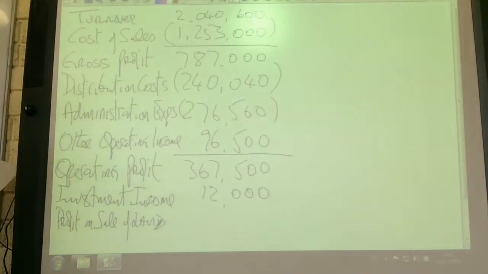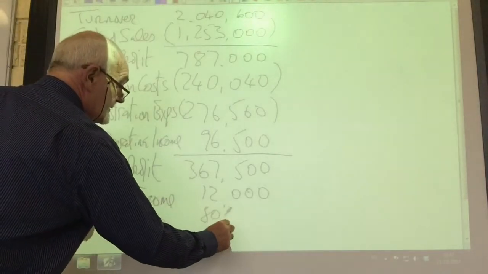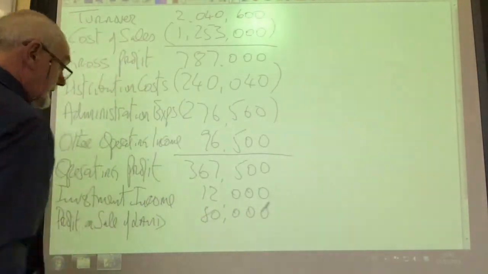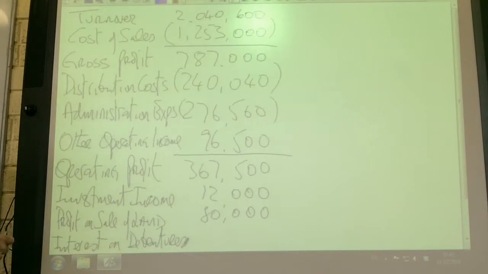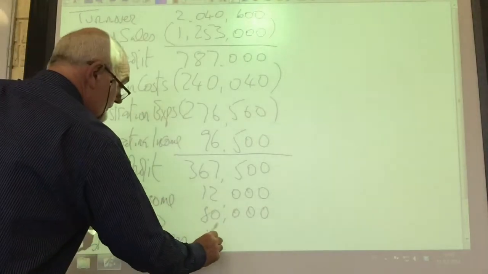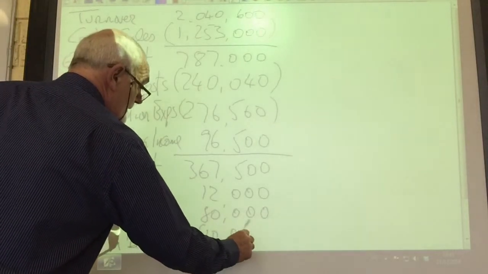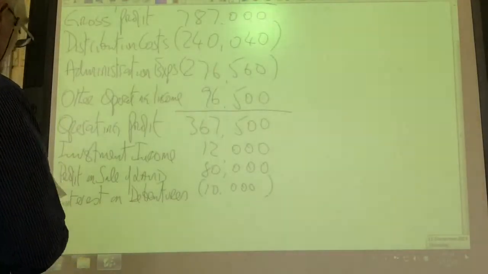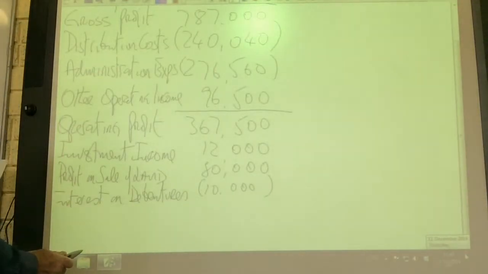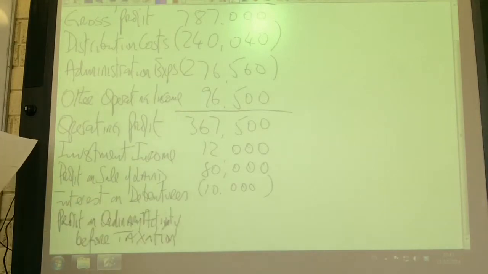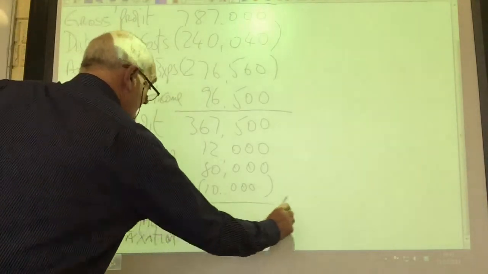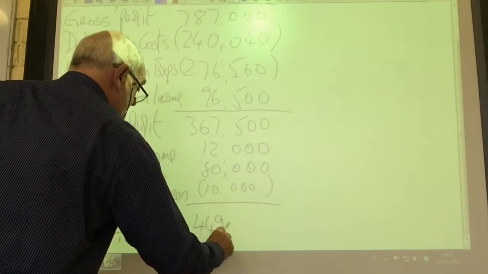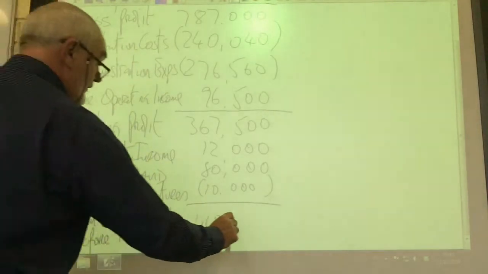We didn't have any calculations to do for this because the 80,000 is already in the trial balance. Interest on debentures, 10,000 euro. And that gives us our profit on ordinary activity before taxation, 449,500.